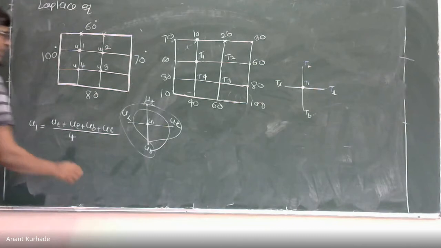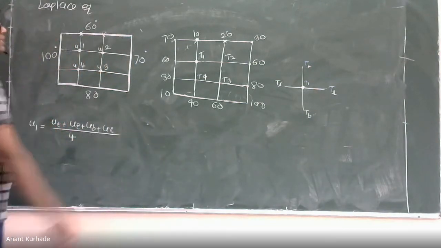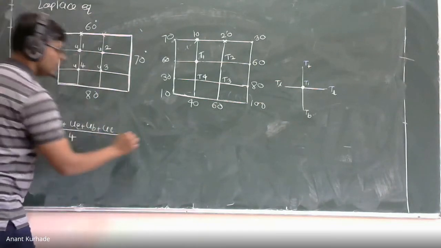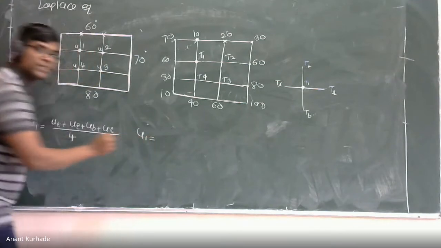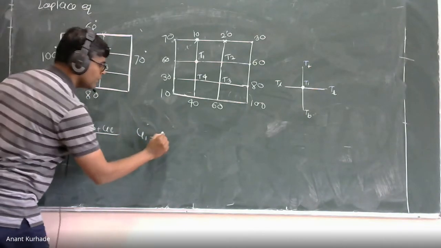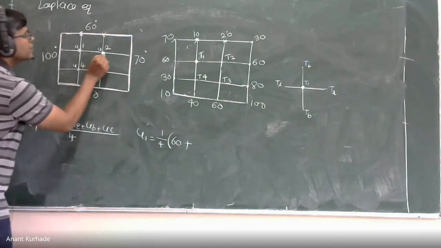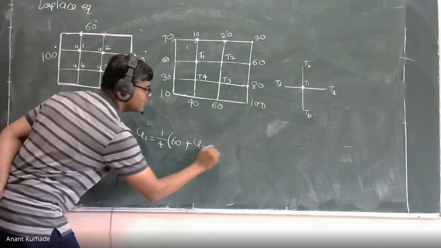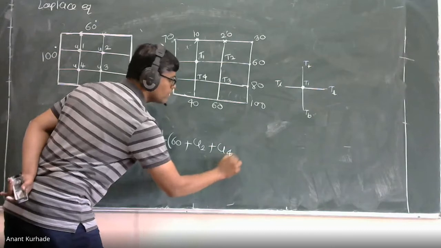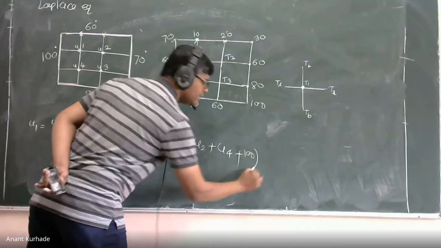Now tell me, without drawing this, you can easily manage this. How to write? Directly you can write U1 is equal to 1/4 into bracket, see here, we have the plus sign, so it is 60 plus U2, and U4 plus 100.